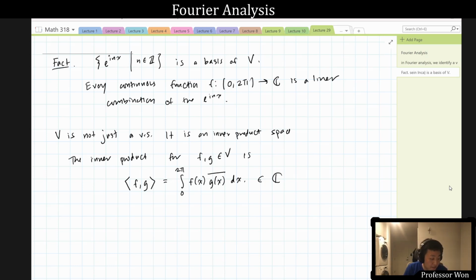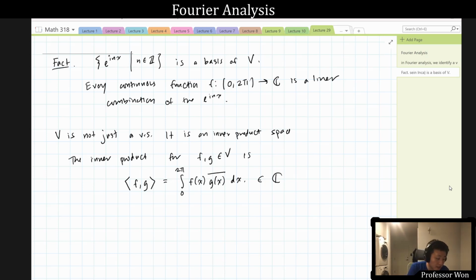But because we have an inner product, we therefore have notions of lengths and angles inside of the space, which is a crazy thing to think about, right? These vectors are functions. They're continuous functions from an interval to C, but there's some notion of geometry between the different functions.